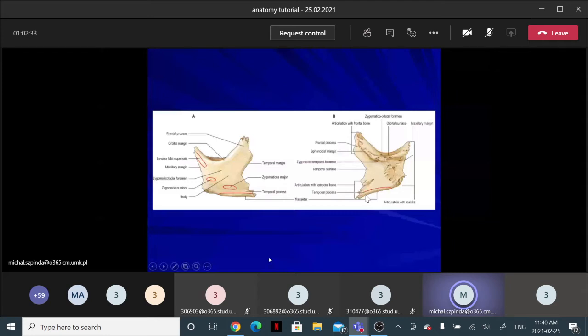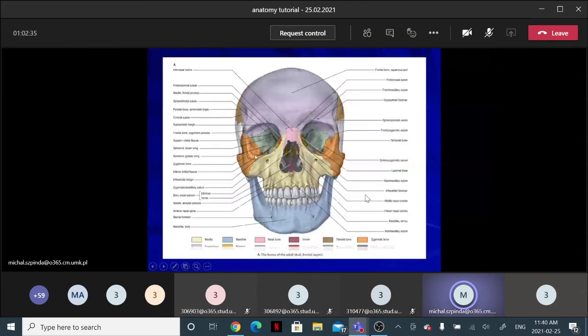So this is the superior anterior border, inferior anterior border, then superior posterior border, and inferior posterior border.